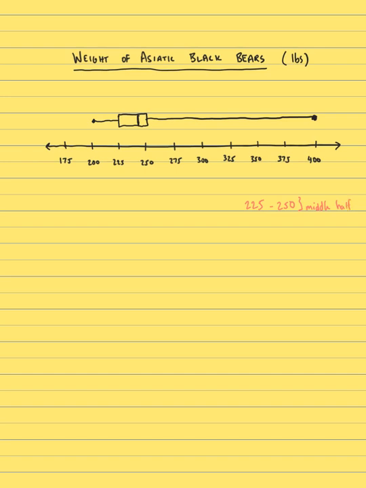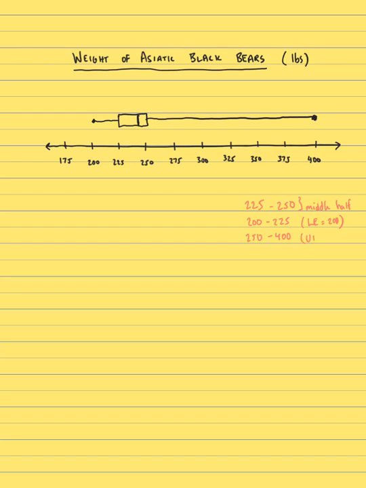Okay, on the lower quartile, the lowest quarter is about 200 to 225, because you can see the lower extreme is down to 200. It's pretty bunched up there, whereas the upper 25% goes all the way from 250 up to 400. So it's much more spread out.